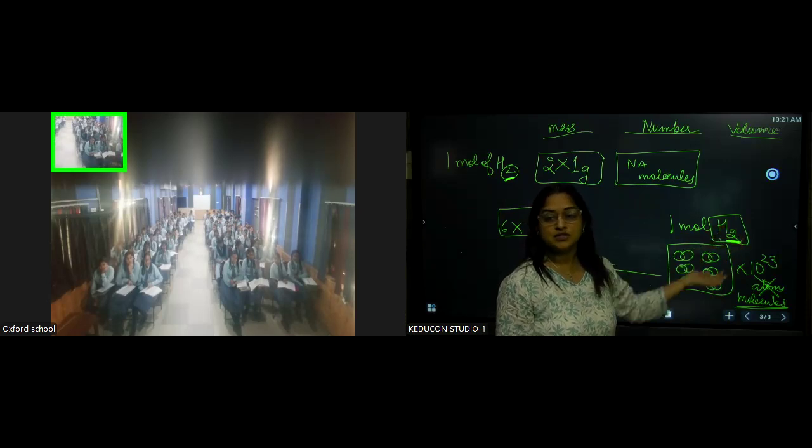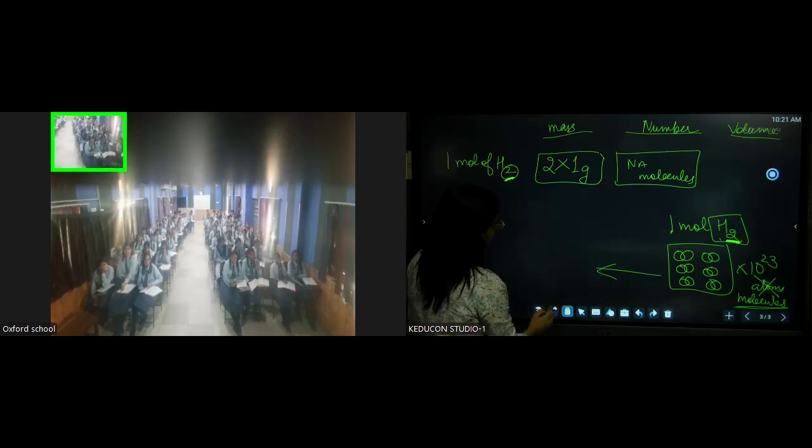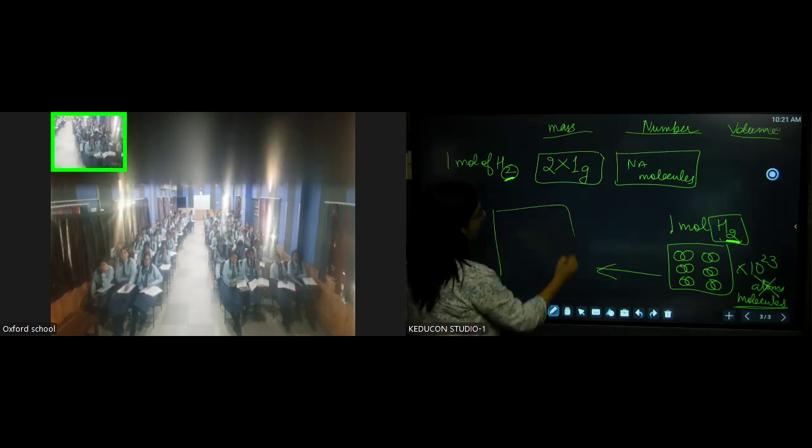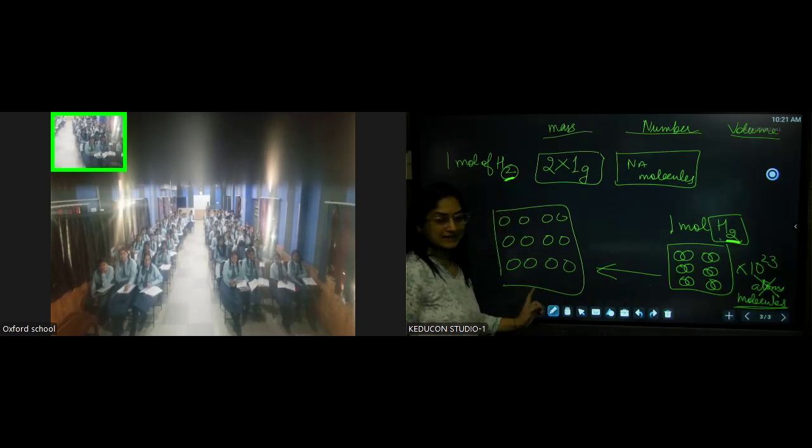So this much number of molecules would mean that if I break this molecule, I will be left with how many atoms? If I break these, every molecule is getting converted into atoms, and this is 6 into 2 into 10 raised to power 23 atoms.